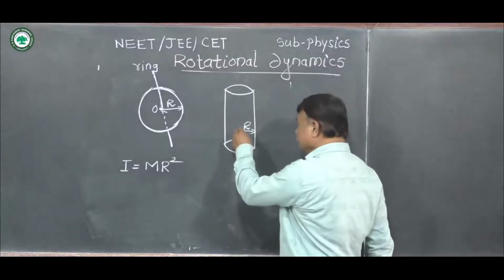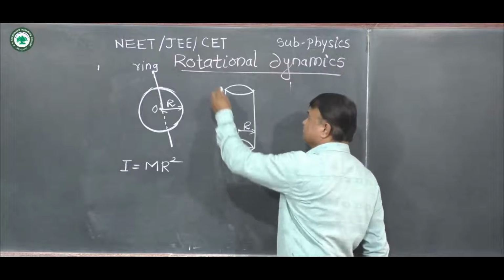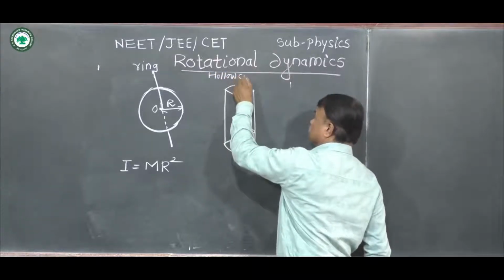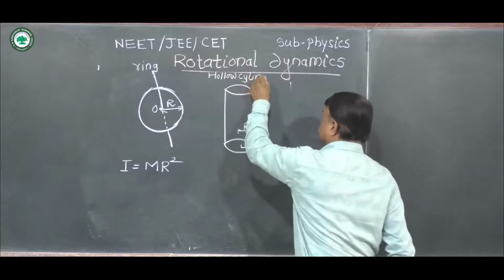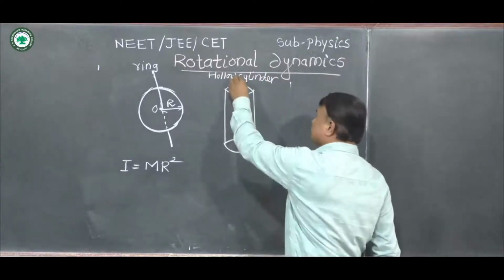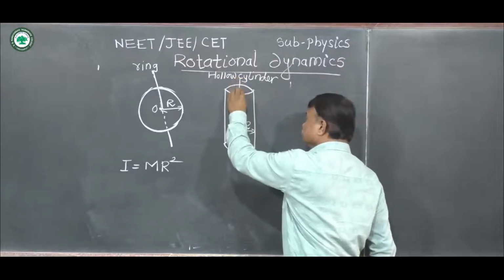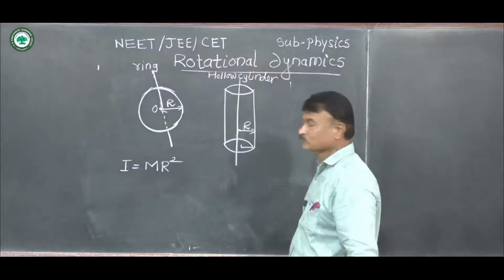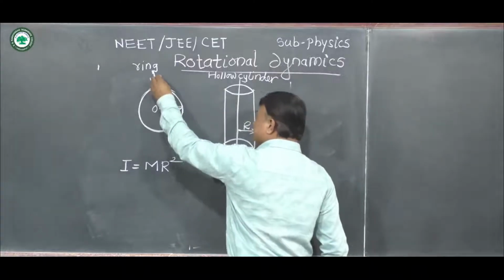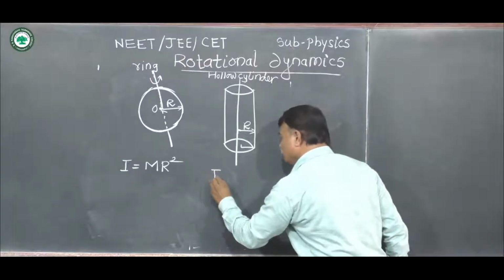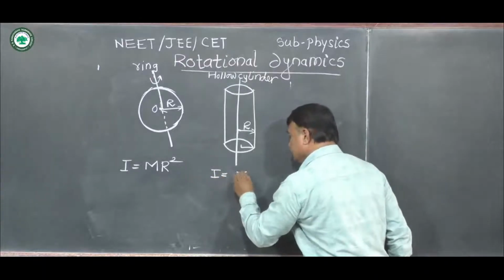Now if this hollow cylinder is rotating about an axis passing through its center, like this, then its moment of inertia is the same as that of the ring. So this moment of inertia is also equal to MR square.